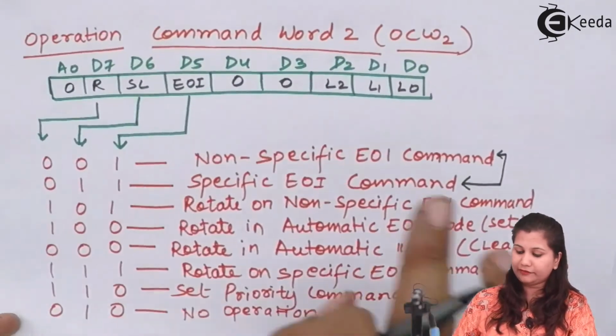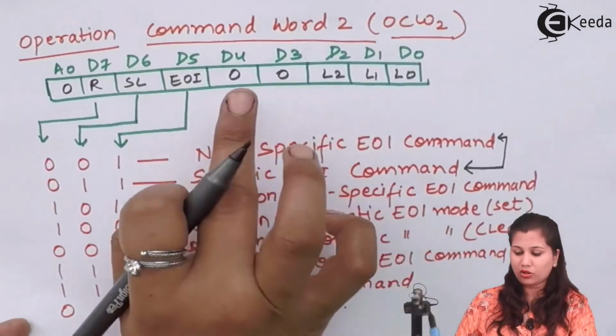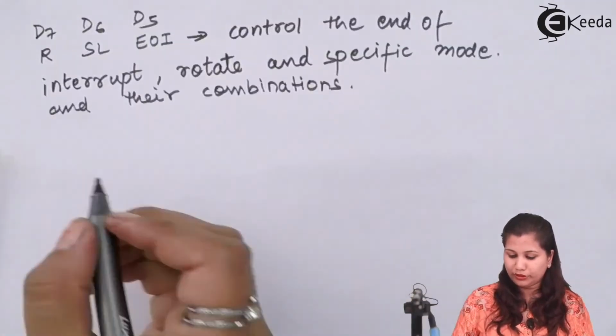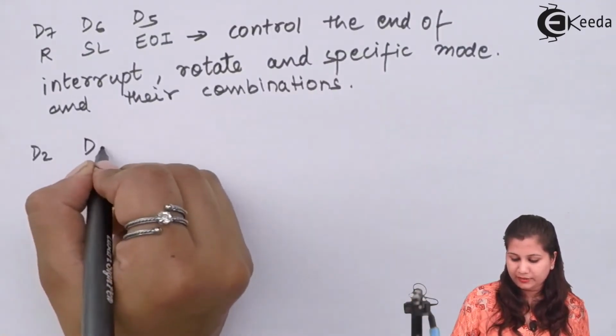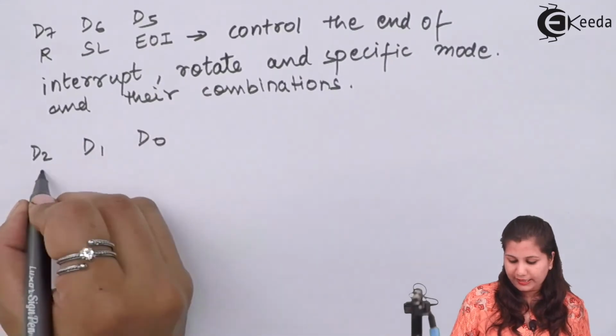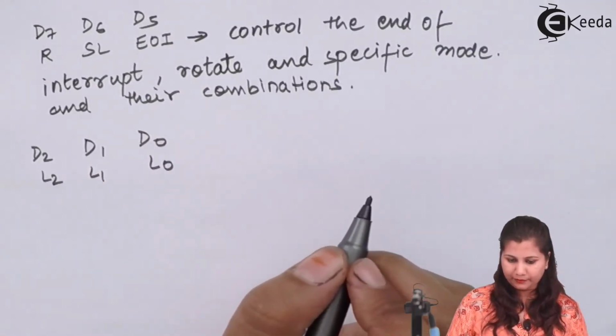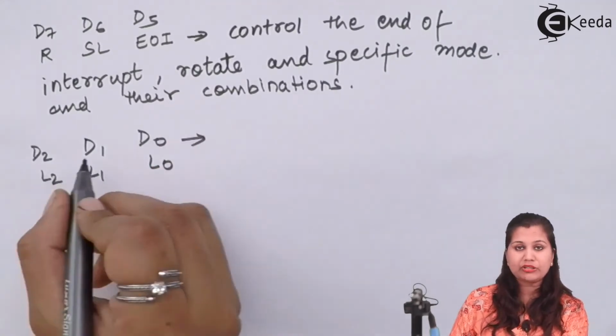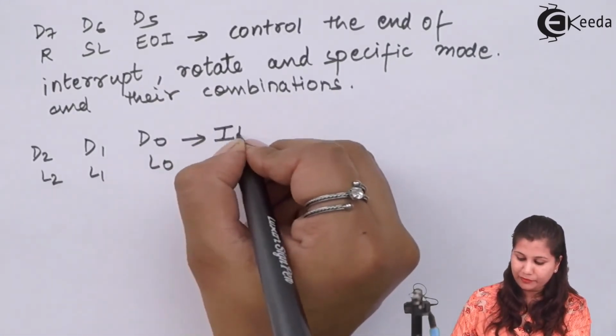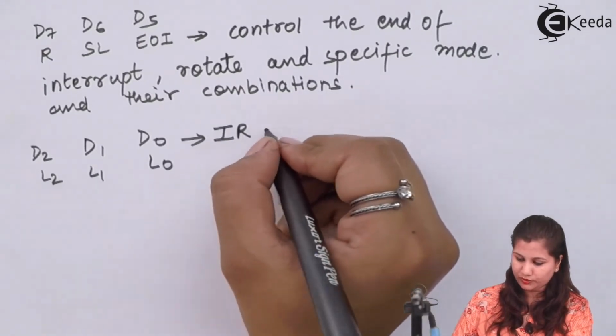Now D4 and D3 are at constant logic 0 0. So let's come to D2, D1 and D0, which are L2, L1 and L0. These three bits select the interrupt request which is to be used.